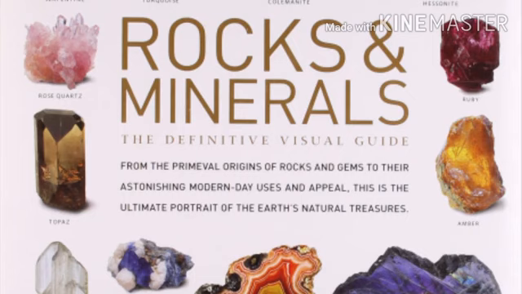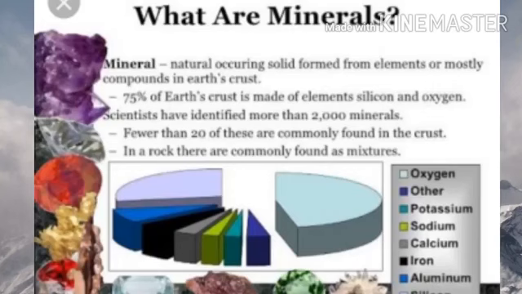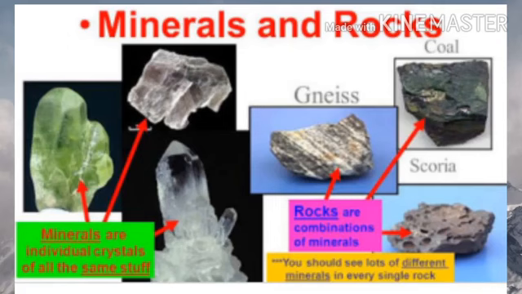Minerals are naturally occurring materials present in rocks. They are natural inorganic compounds found in the earth's crust which contain one or more elements. They have a definite chemical composition and physical properties. Salt, iron sulfate, aluminium, etc. are examples of minerals.